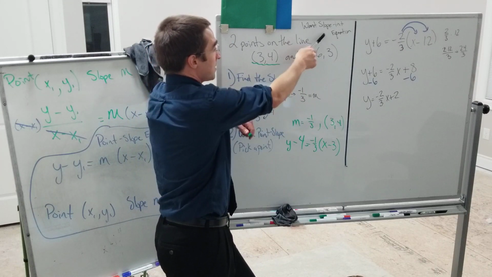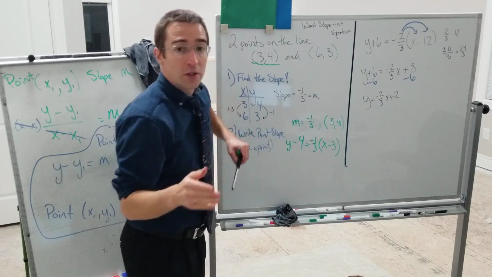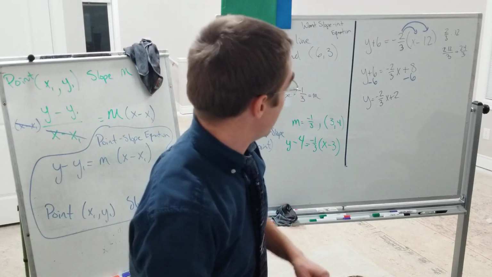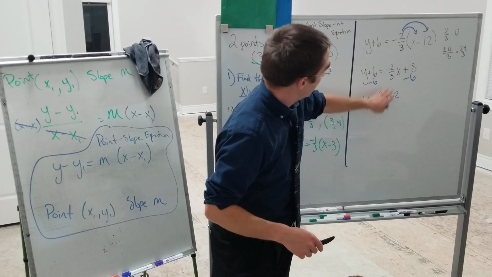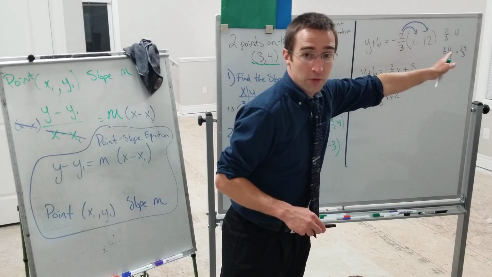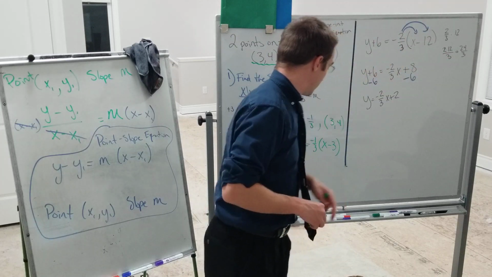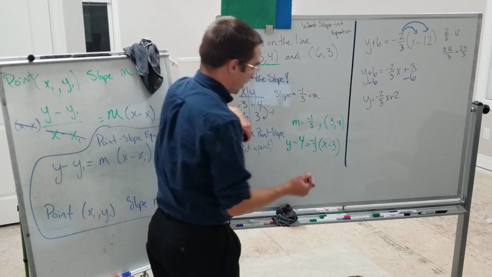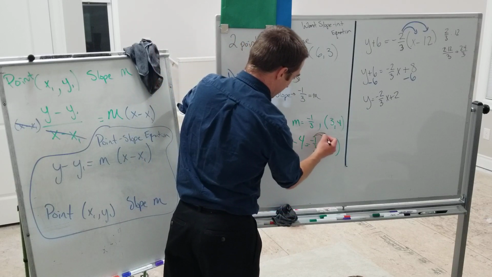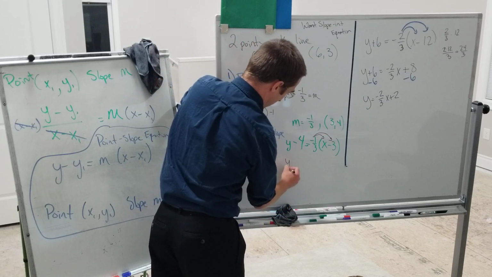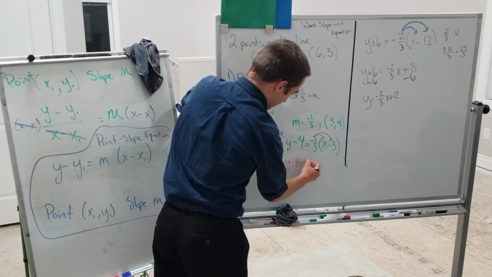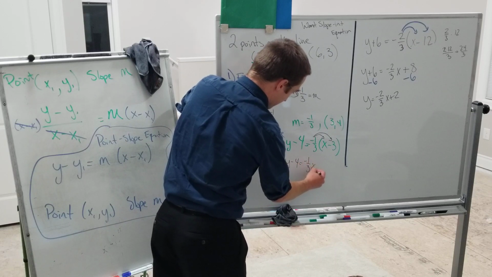Remember, we want the slope intercept equation, so we're going to do what we just did in those previous examples. We're going to distribute and then undo the other side. So I'm going to distribute this negative 1/3. I'm going to get y minus 4 equals negative 1/3 x.